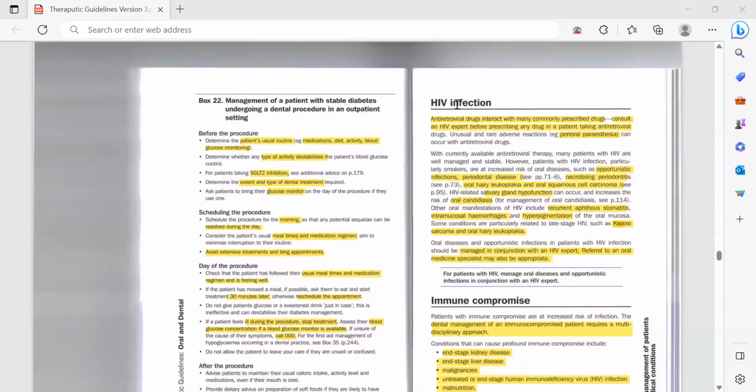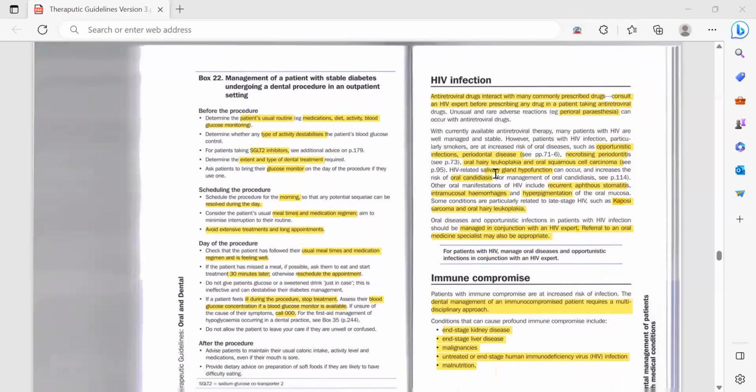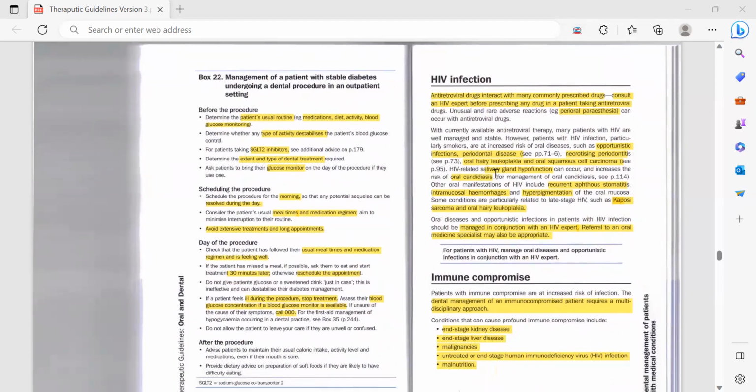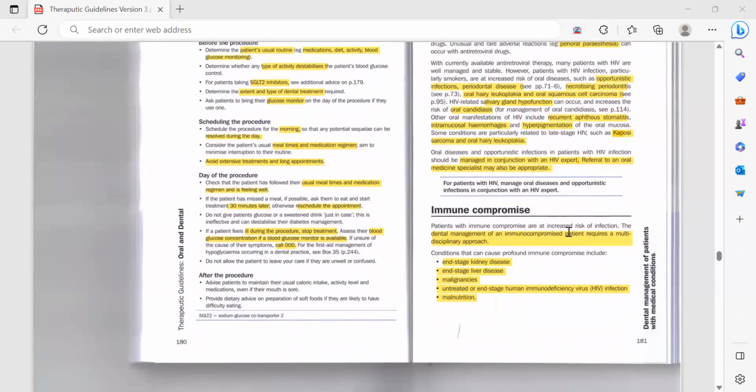So it is better that you refer these patients to the specialists, because their immunity level is very low and they are very prone to get all the infections, and the treatment outcome would also not be very great. So it is a better idea if you would refer them to the oral medicine specialist, and they would work in conjunction with the HIV expert.